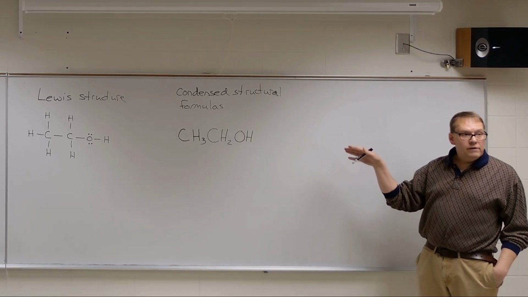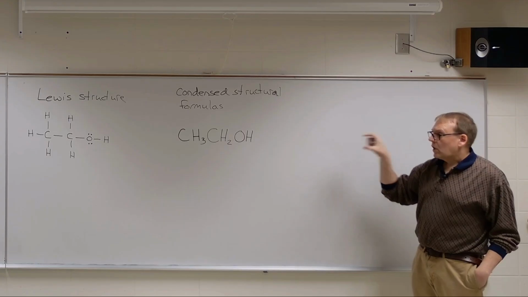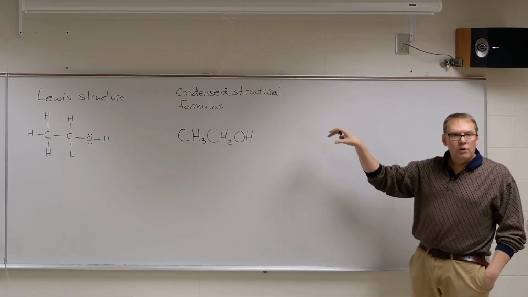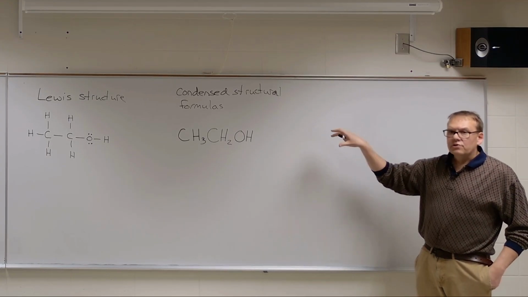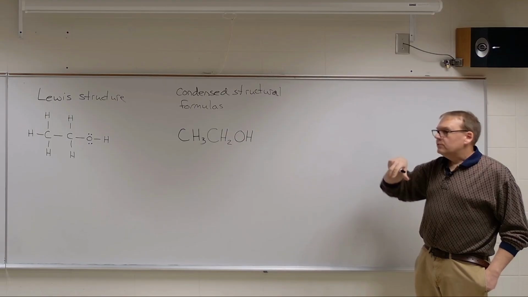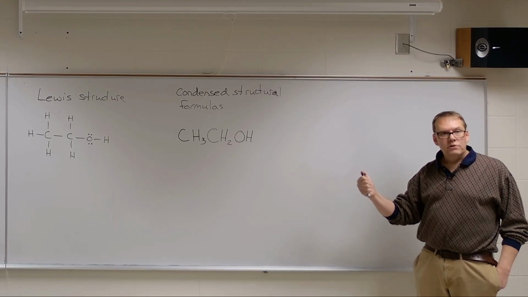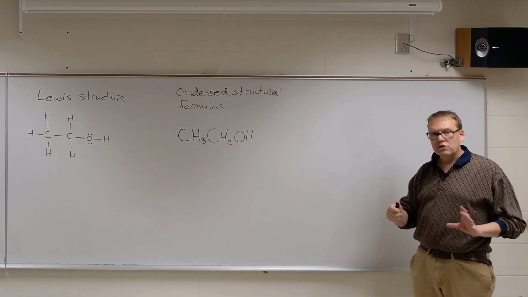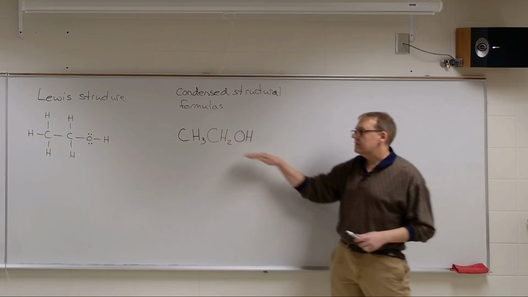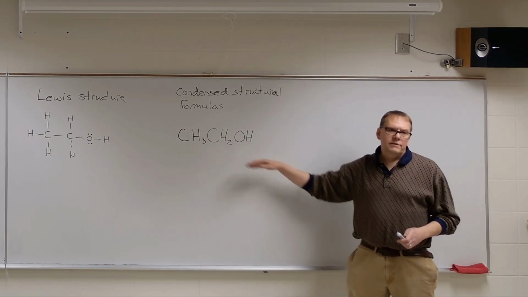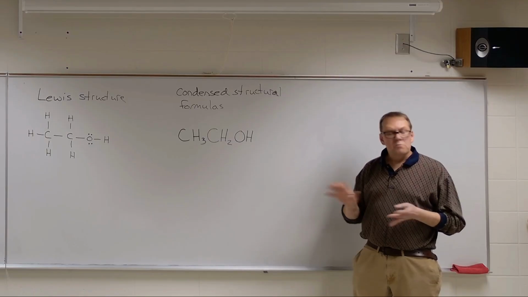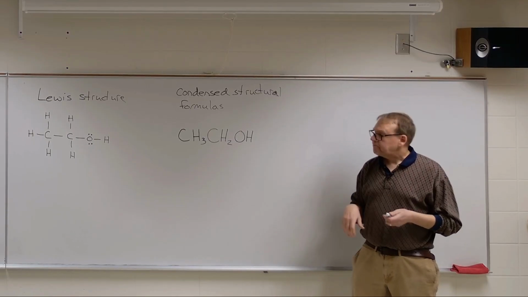Really convenient if you're trying to type it into a word processor or search electronically. If you do any work with chat bots trying to ask them chemistry questions, the output, especially ChatGPT, I've noticed really likes this form because text is something it can communicate with really, really smoothly.